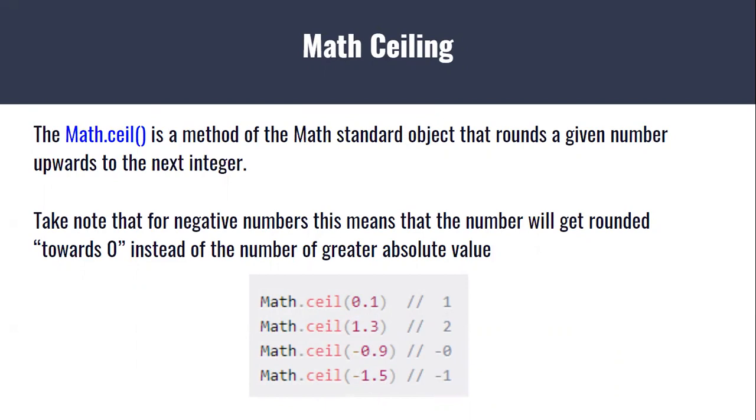So it goes up. 1.3 rounds up to 2, negative 0.9 rounds to negative 0. That's interesting, negative 0. Anyhow, if you don't remember this math, it's taken care of for you. That's the great thing if you forget some of the stuff. So take note, the negative numbers mean that this number will get rounded towards 0 instead of towards the number's greatest absolute value. That's a mouthful.